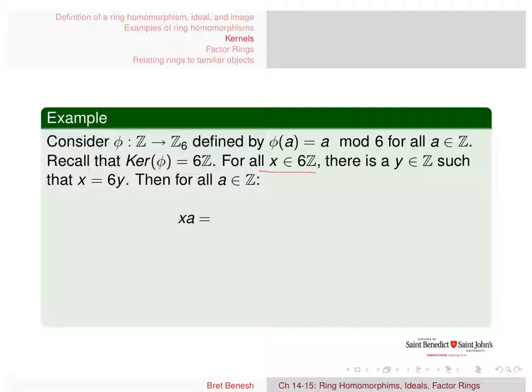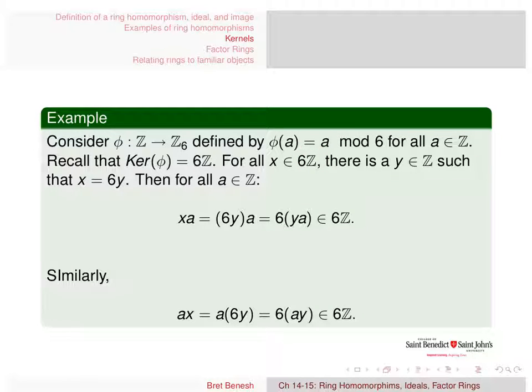If you have a multiple of 6 and multiply by any other element, it's still going to be a multiple of 6. If x times a is 6y times a, that's 6 times ya, so that's in 6Z. The absorption property might seem a little weird, but it isn't all that weird when you think about multiples of 6. If you multiply a multiple of 6 by anything else, you stay a multiple of 6. Similarly, do it on the other side. So in fact, this is an ideal.